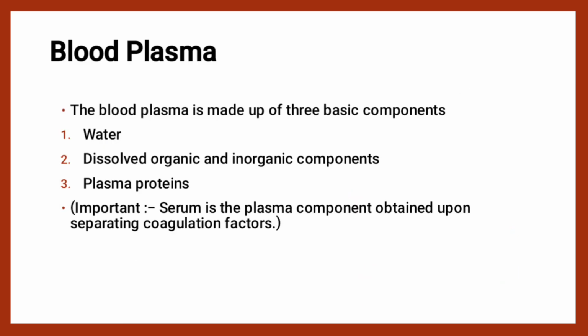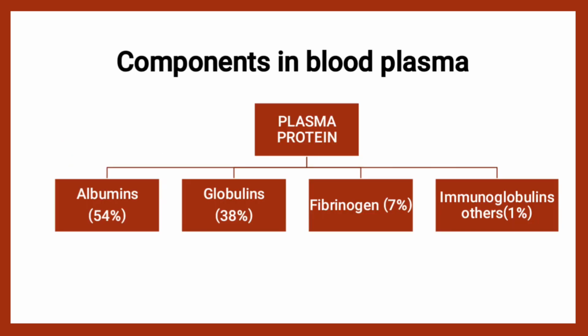The blood plasma is made up of three basic components: water, dissolved organic and inorganic components, and plasma proteins. Serum is the plasma component obtained after separating coagulation factors. Components of blood plasma. Blood plasma contains plasma proteins: albumins, globulins, fibrinogen and immunoglobulins.